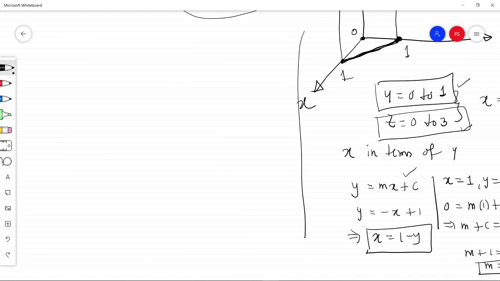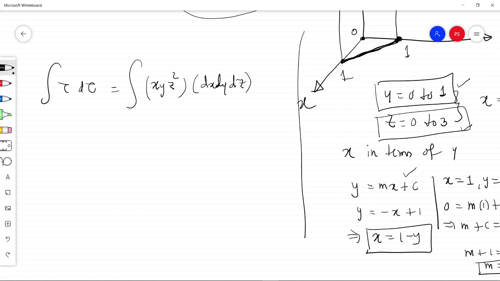We see that the integral of T d tau is the integral of xyz squared dx dy dz. Now since there are three differentials involved, we are going to use a triple integral, one each for the coordinates x, y, and z.